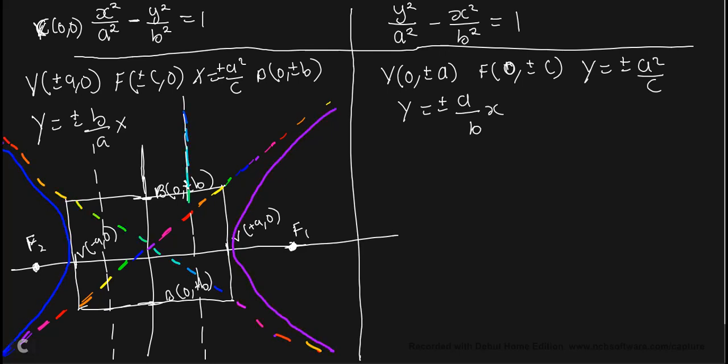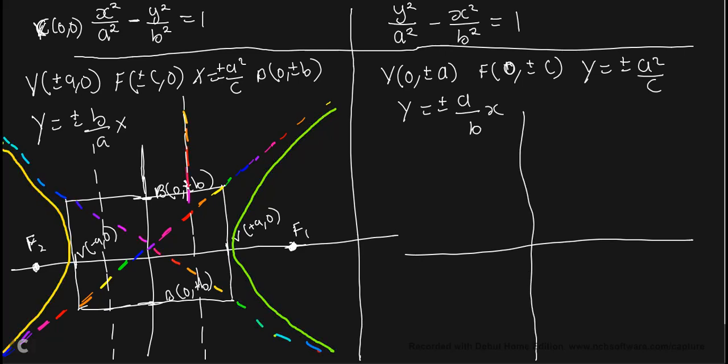Now let's go to this one. How do we also draw this one? We draw this one just the same way we drew this one, but there is a bit of a difference. So in this situation, your vertices are on the y-axis. So that is your V1, and this is your V2.